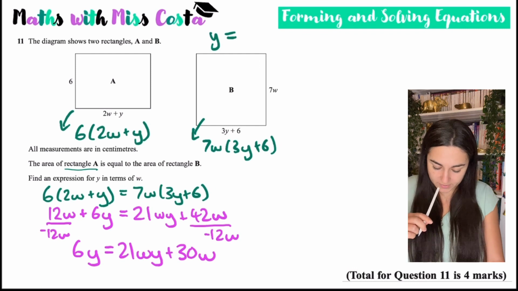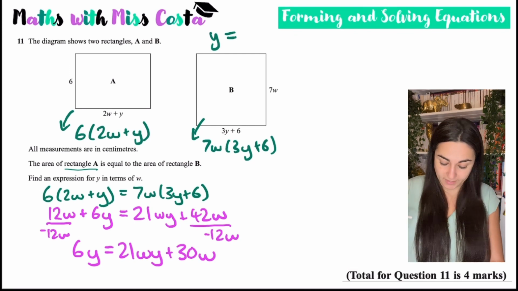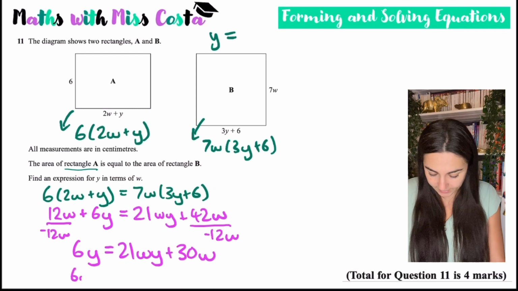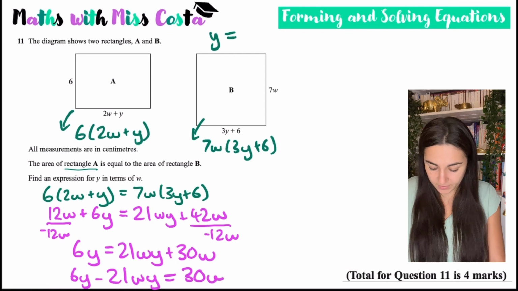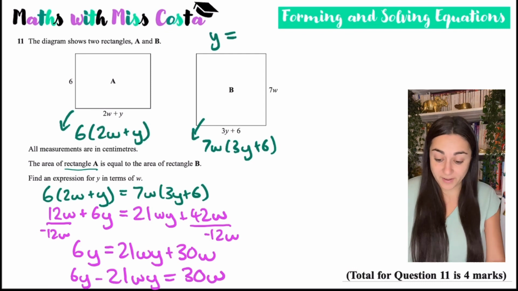And now what we could do is bring the wy term to the side that only has a y term, because then I can factorise it. So I'd say 6y take 21wy equals 30w. So now I've got the y terms on one side of the equation, I can factorise.